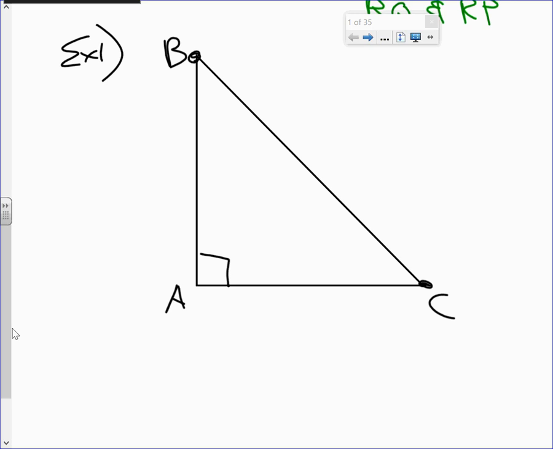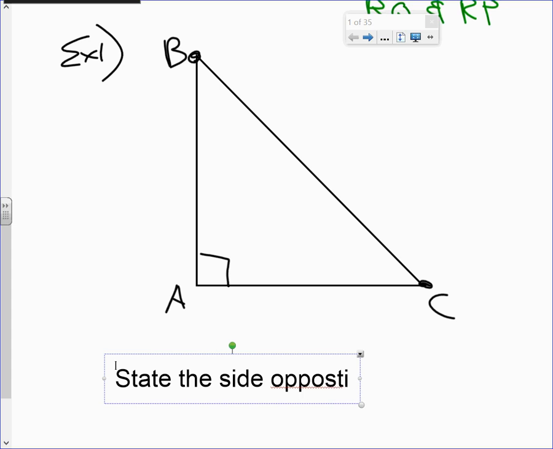So underneath example 1 now, I'm going to give you three statements and you'll fill them in. State the side opposite to C. It's up to you.